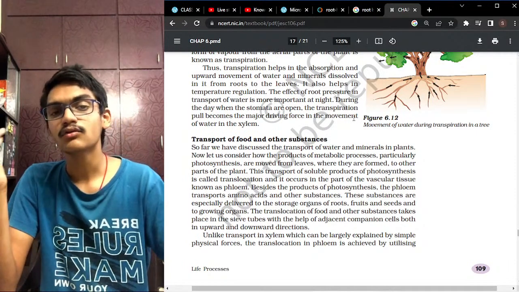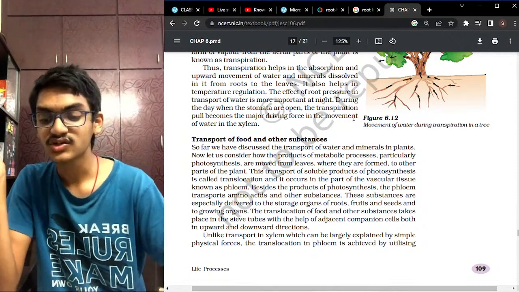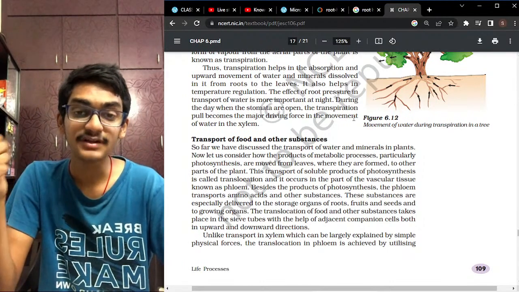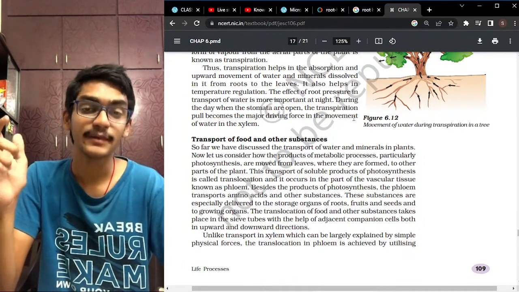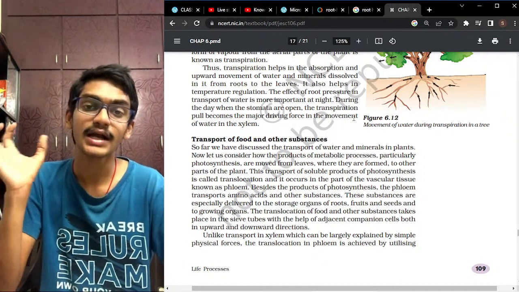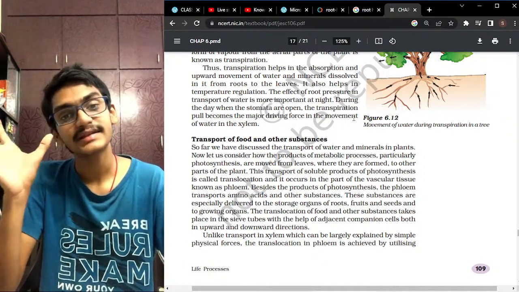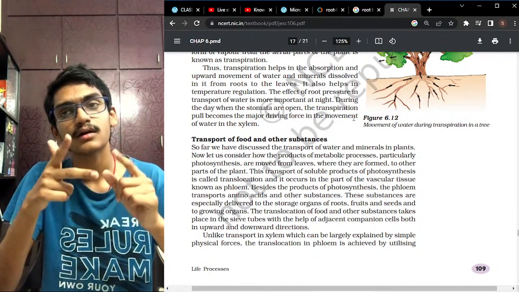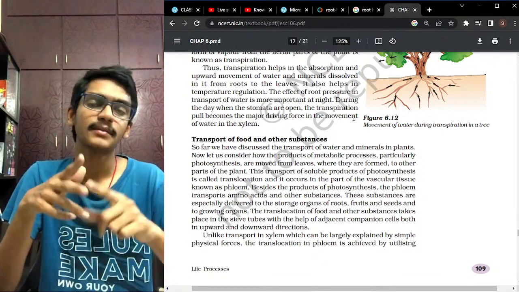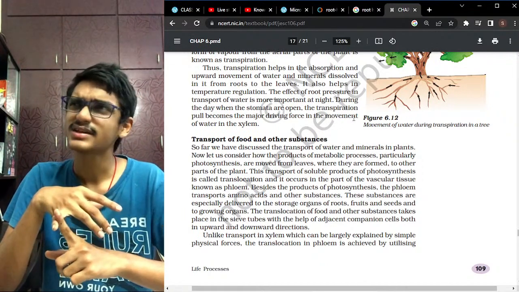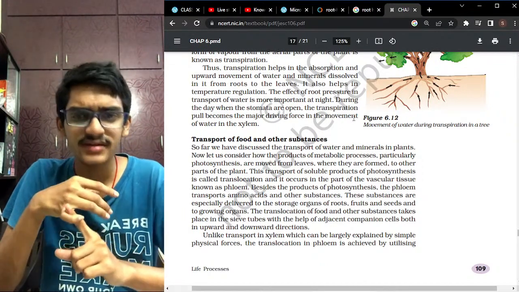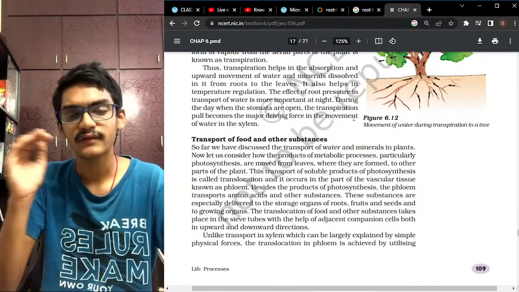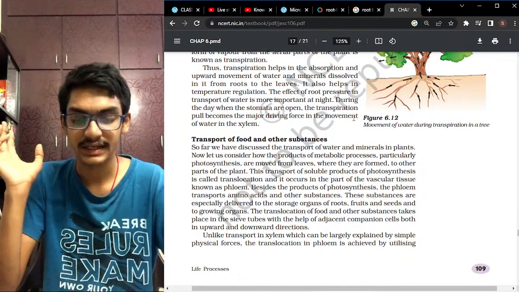Phloem tissue is considered to be a living tissue because, except the phloem sclerenchyma, all are living. Phloem sclerenchyma is a dead tissue, and the rest, that is sieve tubes, companion cells, phloem parenchyma, fibers, vessels, are considered to be living.